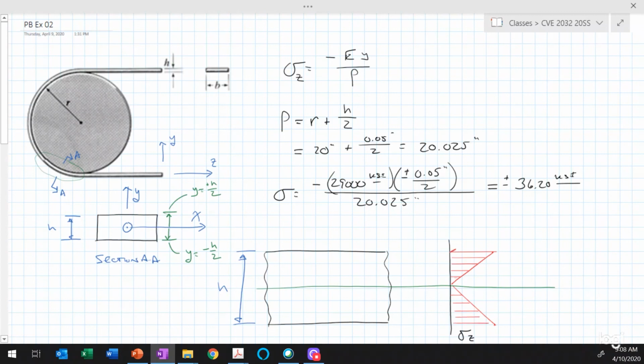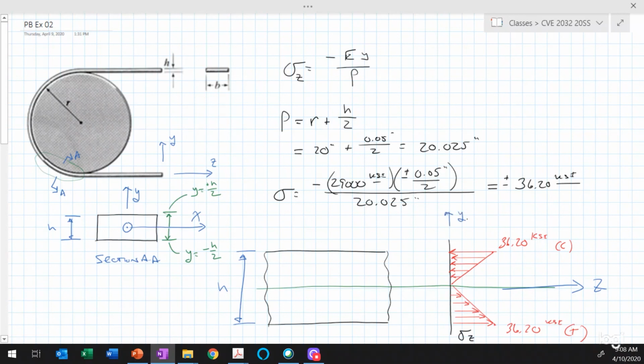So they're acting in compression above the neutral axis. They're acting in tension below the neutral axis. So it's like that. So 36.20 KSI compression, and then down here 36.20 KSI acting in tension. And just to be complete, this is the z-axis and that would be the y-axis.